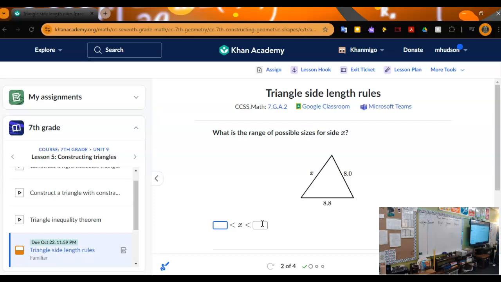So subtract 8 from 8.8. Okay. So 8.8 minus 8 is 0.8. What do I do with that 0.8? Can 0.8 be my third side? Wait, oh no. It has to be bigger than that.